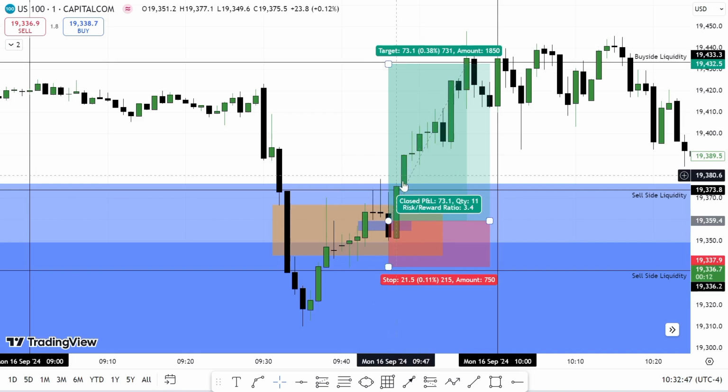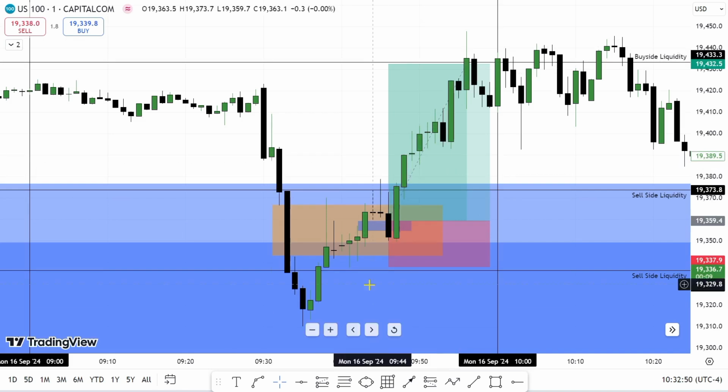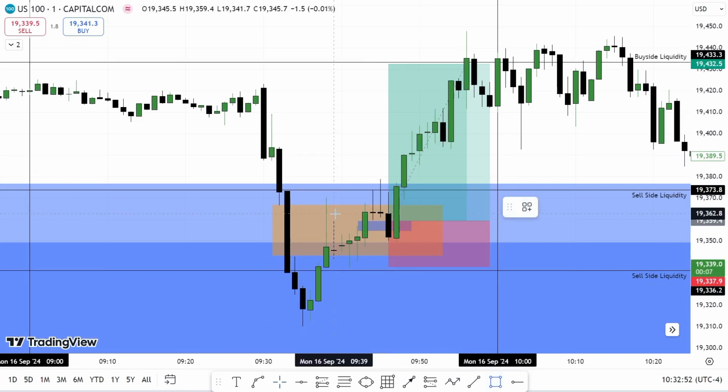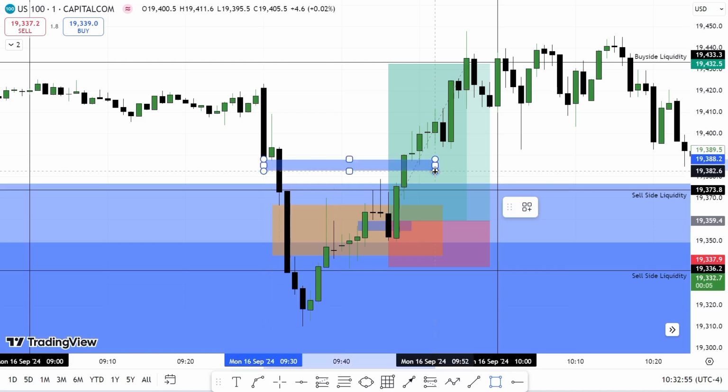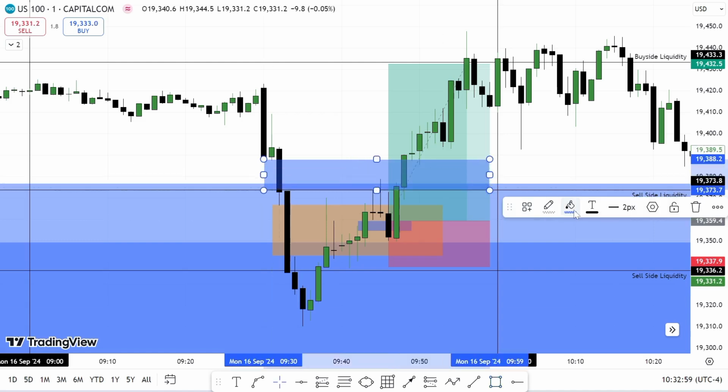I think I took another entry right here at this bearish fair value gap, from the execution video. Because price has broken and closed above that, traded to this point here, this is an inversion fair value gap.